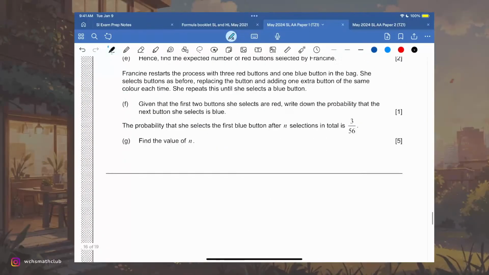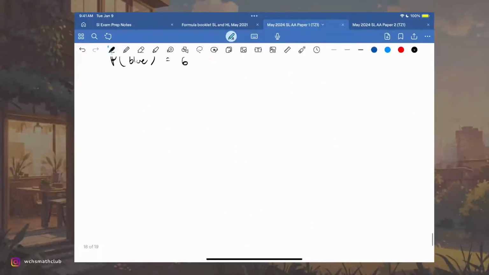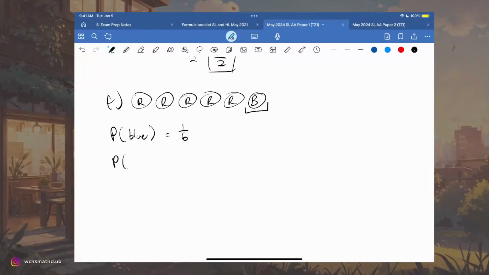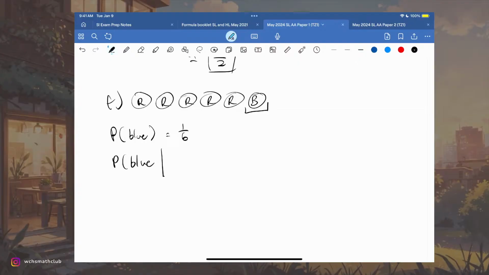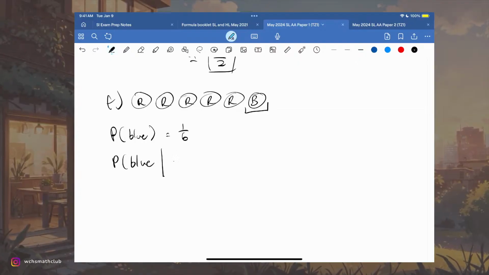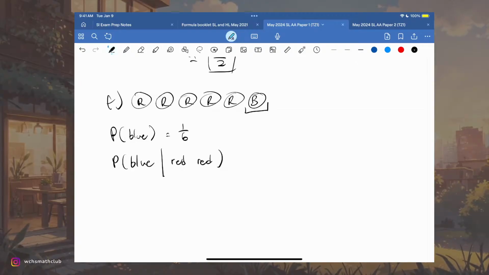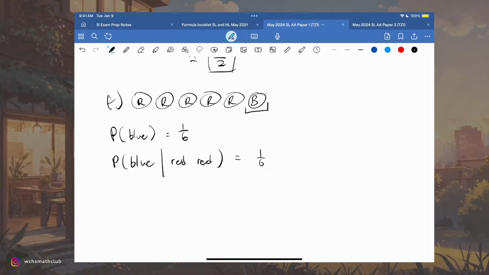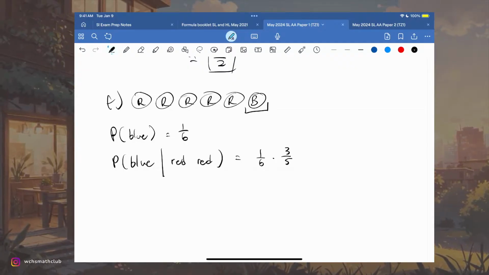So probability of selecting a blue button, given, which is this symbol, that we've had red and a second red, is equal to 1 over 6 times the chance of even getting to this case in the first place, which is 3 over 5, and our answer.